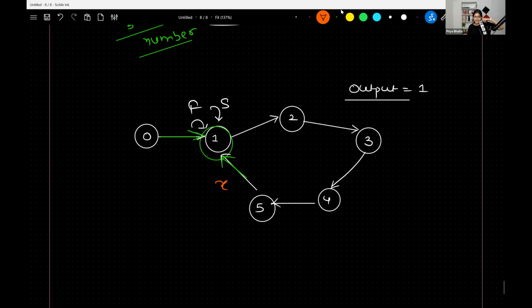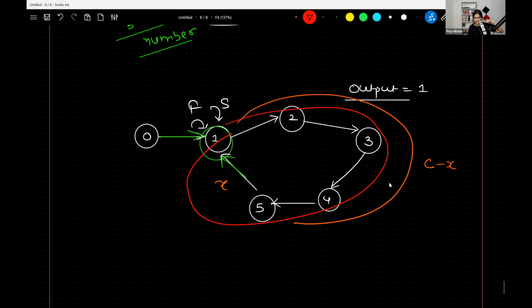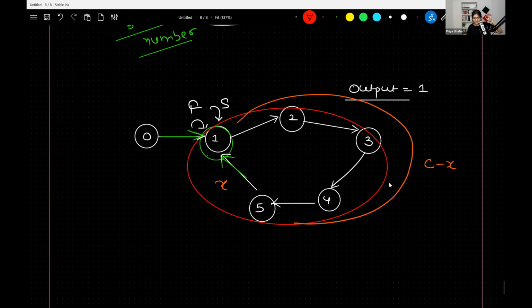And let's say this complete cycle is C. This complete loop is a cycle, C, and in this cycle, this part is x. So the remaining portion is C minus x.